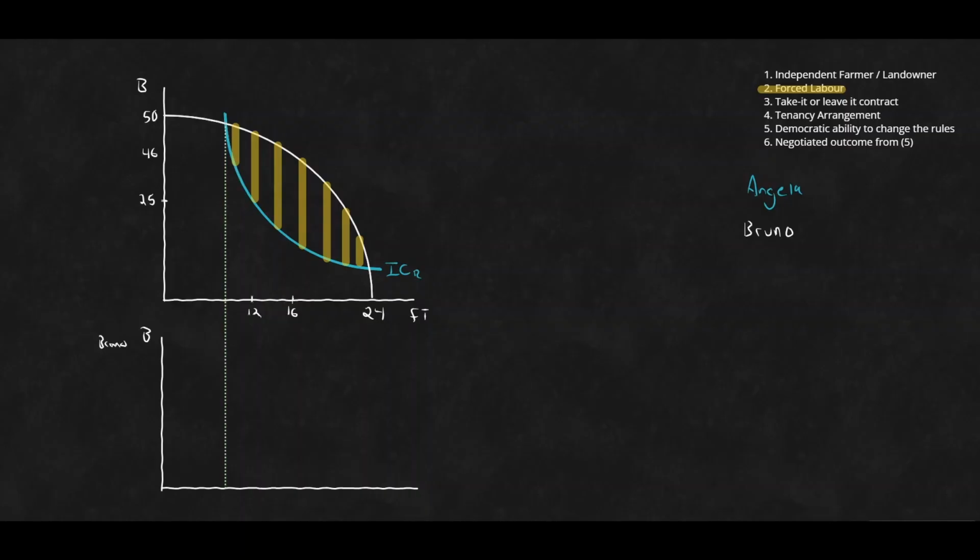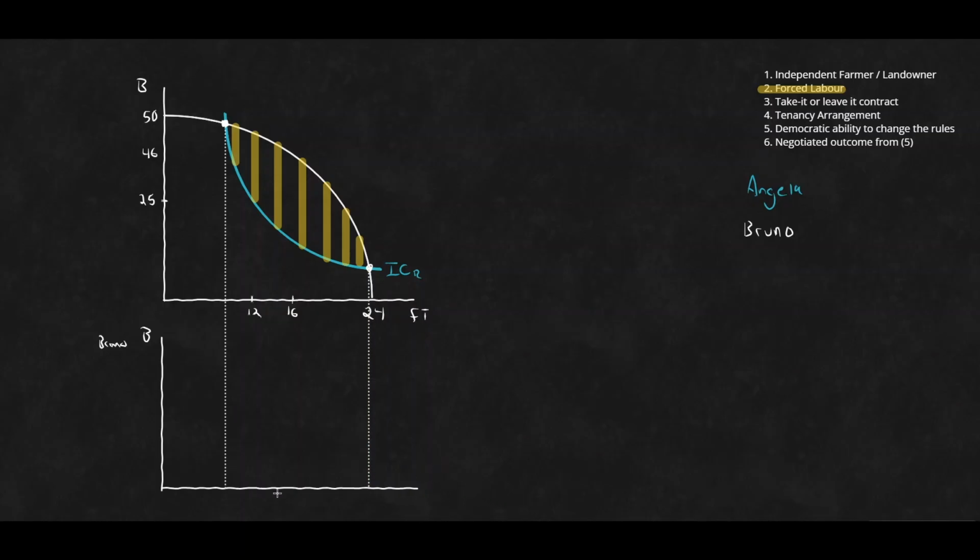Because at this point here, Bruno has to pay all the bushels that are grown to Angela to keep her from trying to escape. Similarly, at this other extreme, where Angela is getting lots of free time, Bruno is similarly getting no bushels because he has to provide all those bushels to her to keep her from escaping. So in each of these scenarios, we get 0 bushels being collected altogether.